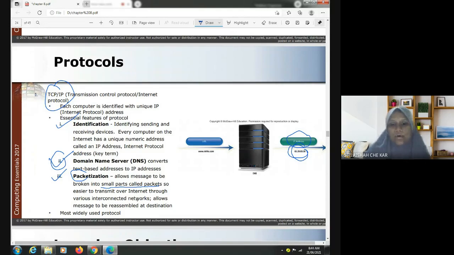So dia tak boleh send 100% tu, because we have a limitation of size of the data bus and so on. So they use a technology called packet. All the messages, all the videos, all the information that we want to send are broken into small parts, called packets.